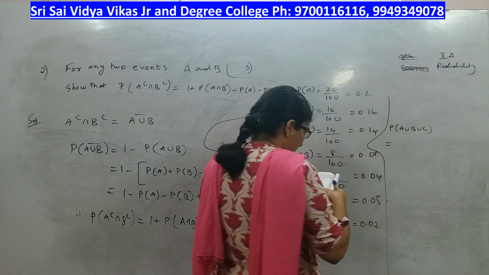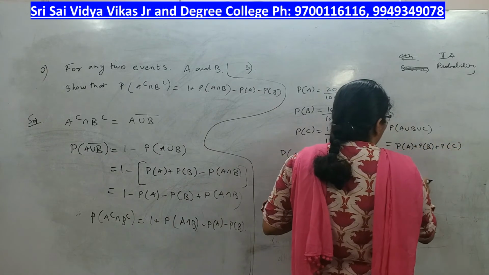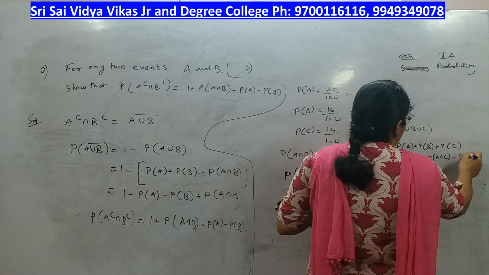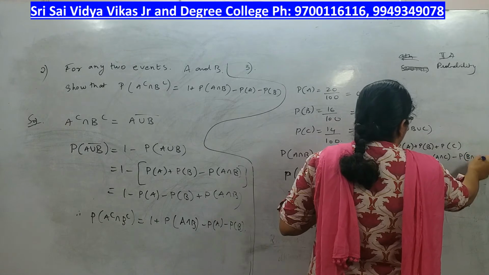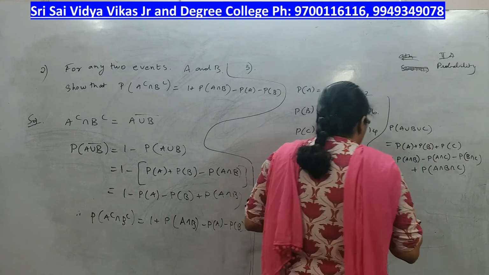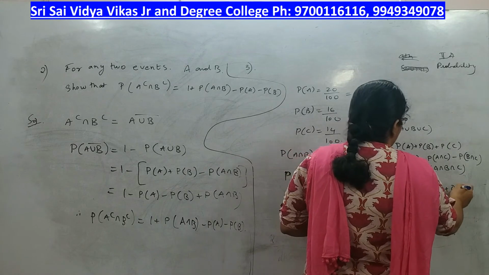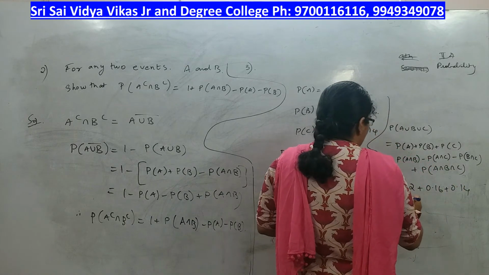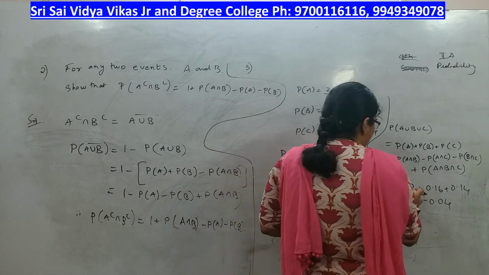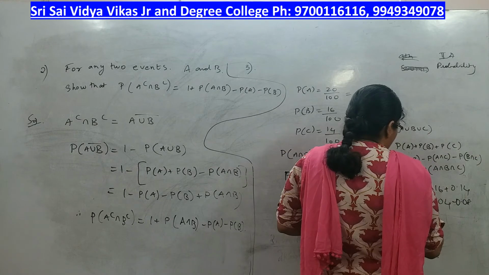I have a formula for P of A union B union C, that is P of A plus P of B plus P of C minus P of A intersection B minus P of A intersection C minus P of B intersection C plus P of A intersection B intersection C. So this is nothing but 0.2 plus 0.16 plus 0.14 minus 0.08 minus 0.04 minus 0.05 plus 0.02.